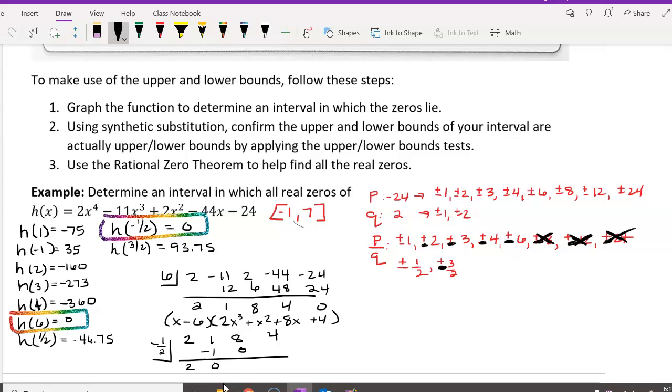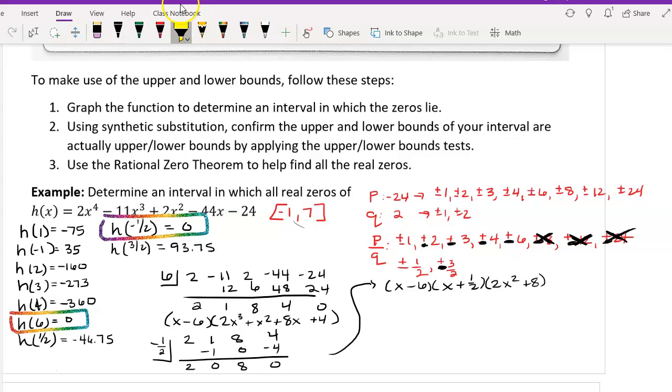And so when we go through this process, we end up getting x minus 6, x plus 1/2, then 2x squared plus 8.